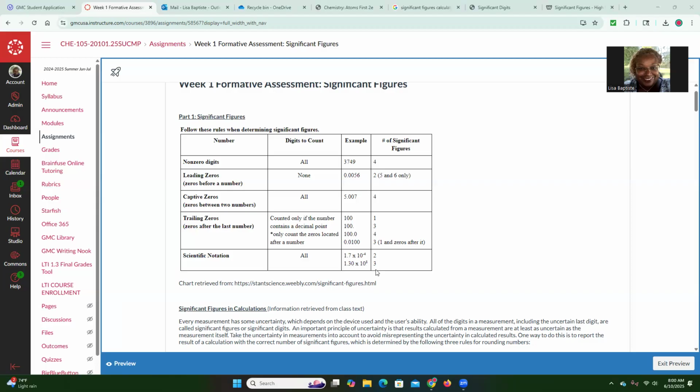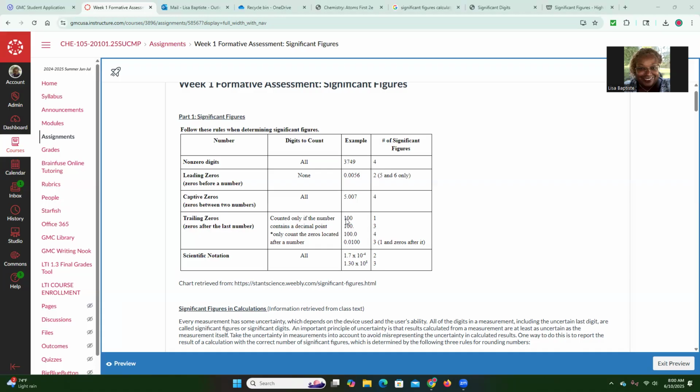Sometimes when we're doing calculations and we want to show a number has only two significant figures, but say the number is 100, remember, 100 only has one significant figure.